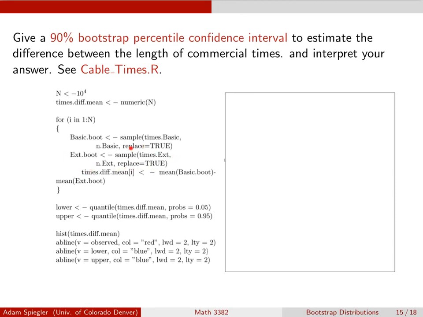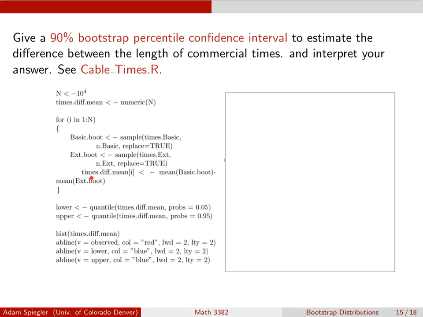This is going to do the bootstrap sampling for the extended channels. And then before I create a new resample, I'm going to take the mean of my basic bootstrap, I'm going to take the mean of my extended bootstrap, and then calculate the difference in those two means.